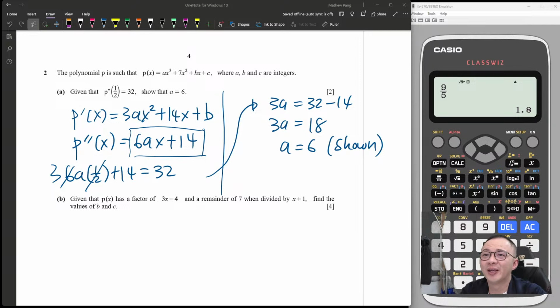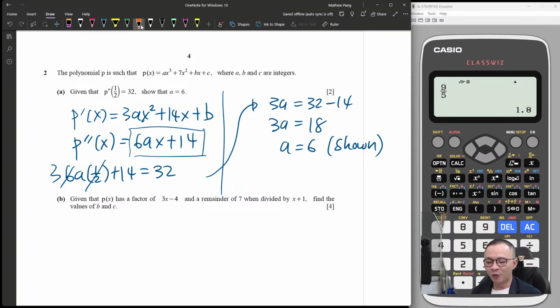Okay, wait, yeah. Let me go to another window. Okay, they will give you 1 mark if you attempt to differentiate.